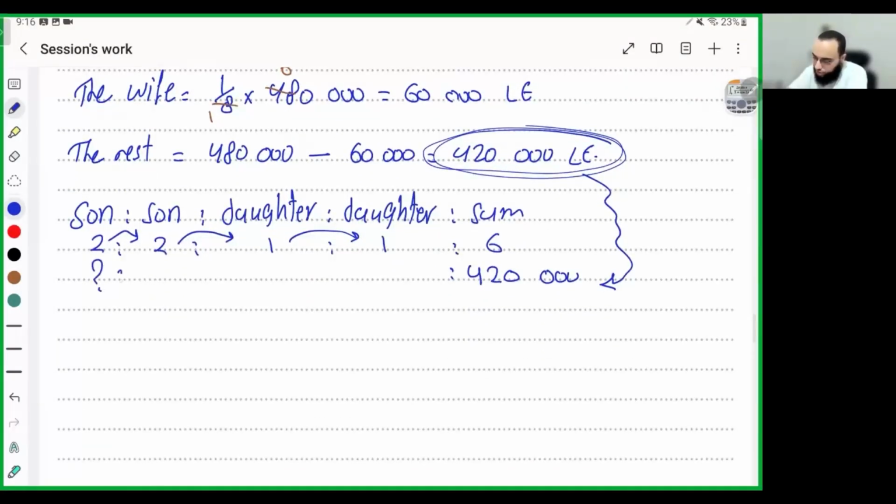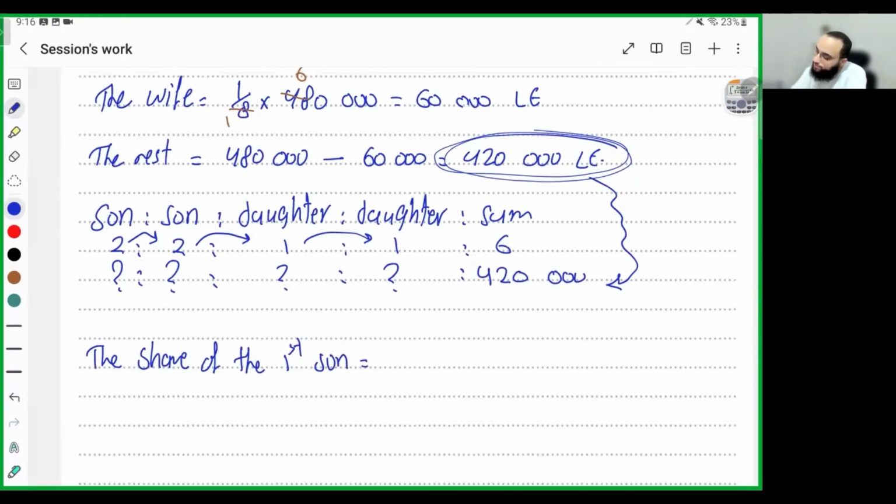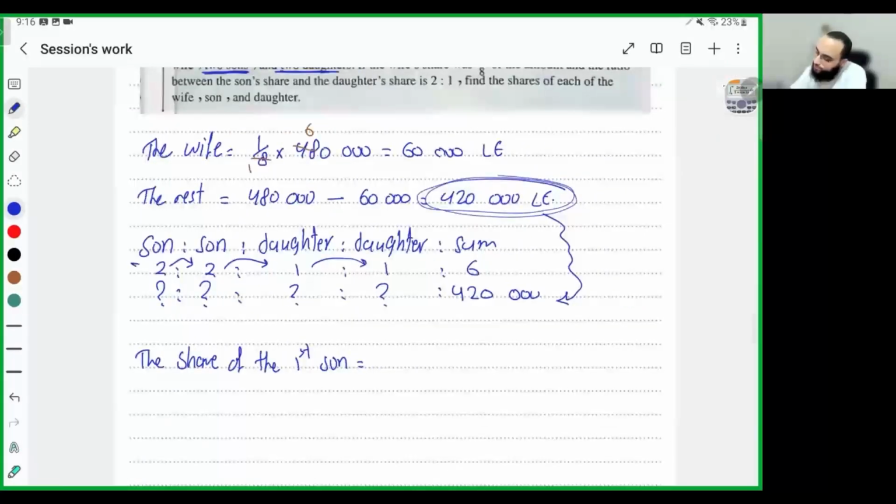So we need to calculate the share of each son and each daughter. The share of the first son equals 420,000 times 2/6.